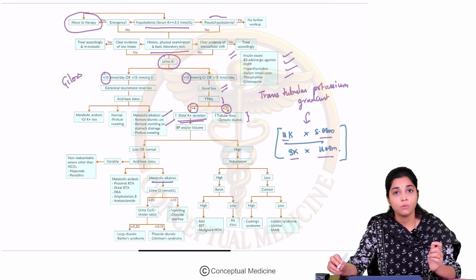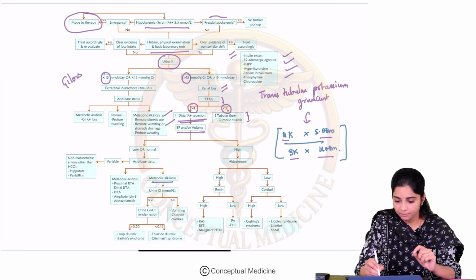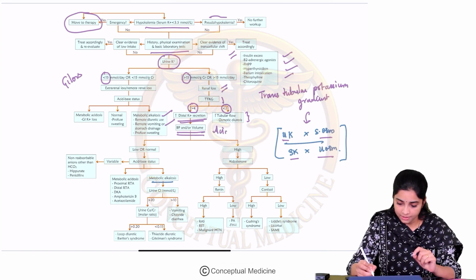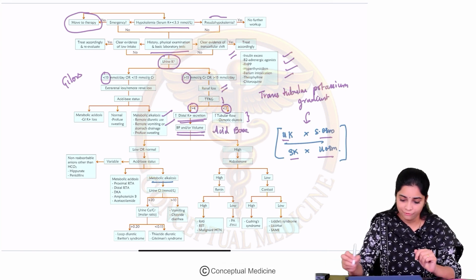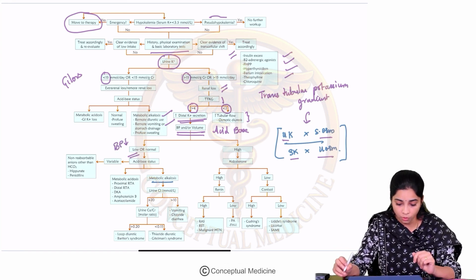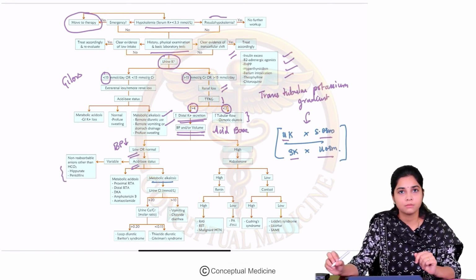Okay, so once you have found that it is because of increased distal potassium secretion, look at the blood pressure and do a volume status examination and do an acid-base examination as well. Fine. So if the blood pressure is low, look at the acid-base status, right? It can be due to non-absorbable ions.